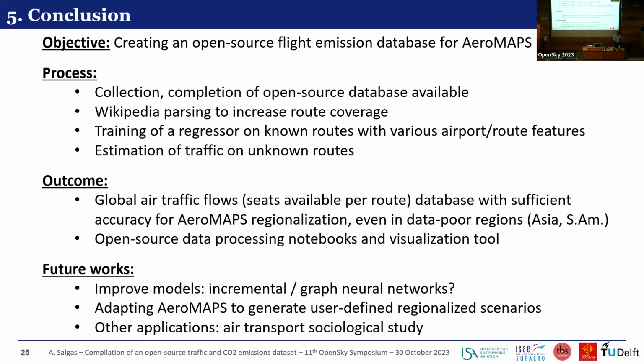To do so, we've collected as many open source databases as available. We've used Wikipedia as a way to complete those data, and trained a regressor on known routes using features on airports, routes and countries, so that we are able to estimate the traffic on unknown routes from the Wikipedia dataset.